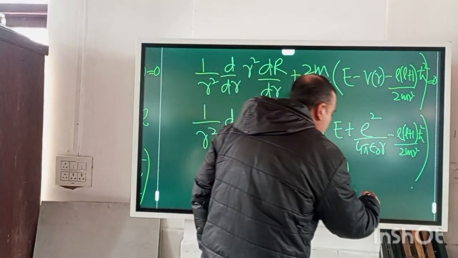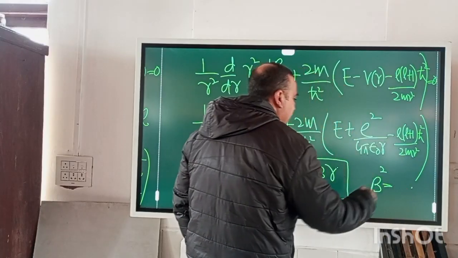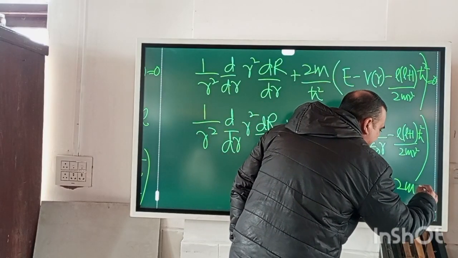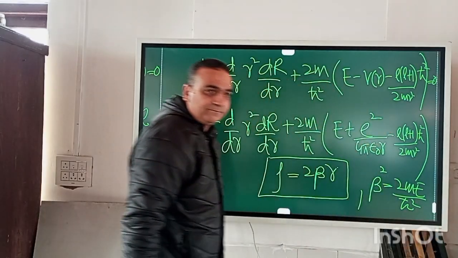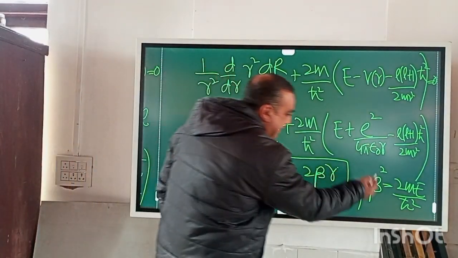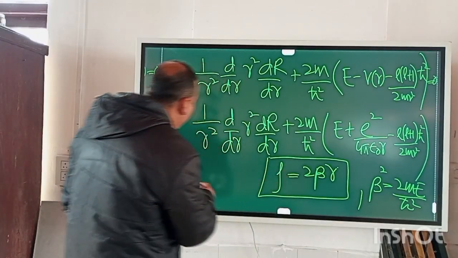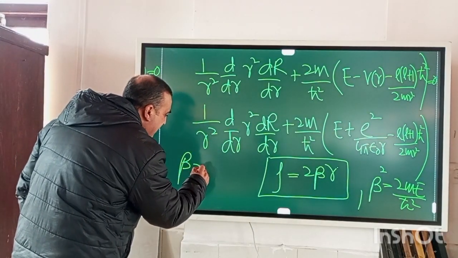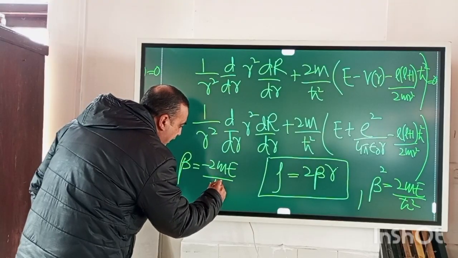For beta, what I choose is beta square is equal to minus 2m E by h bar square. So if beta square is minus 2m E by h bar square, you can think of beta as the square root of minus 2m E by h bar square.